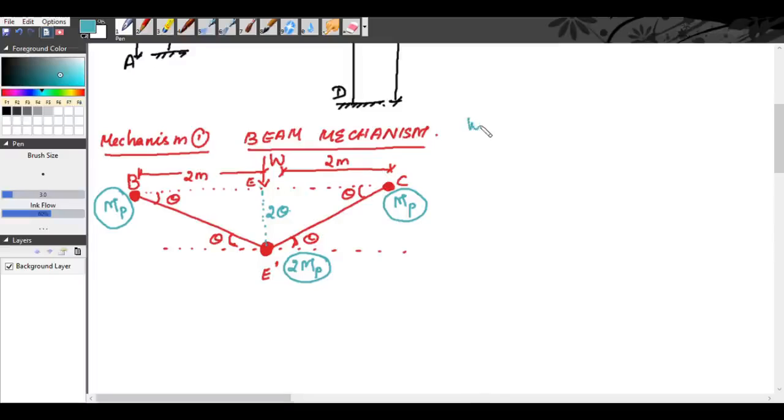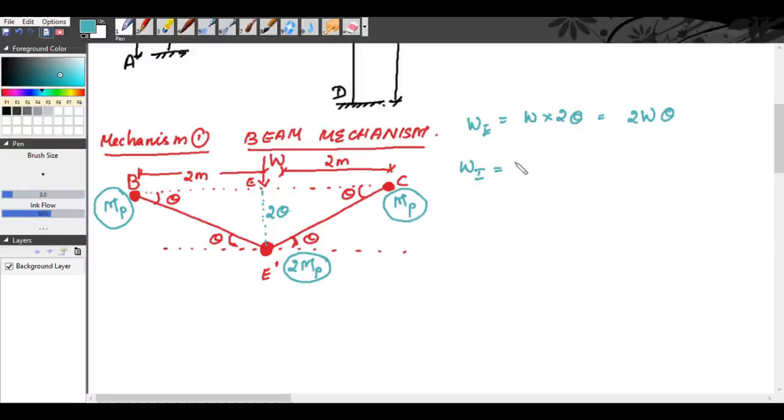Now our external work done is equal to the external load into the distance under the load. We have only one load, so it is W into the distance under the load, 2 theta. So we get 2 W theta. The internal work done will be equal to the plastic moment into the rotation. We have 3 plastic hinges, therefore 3 plastic moments and their corresponding rotations.